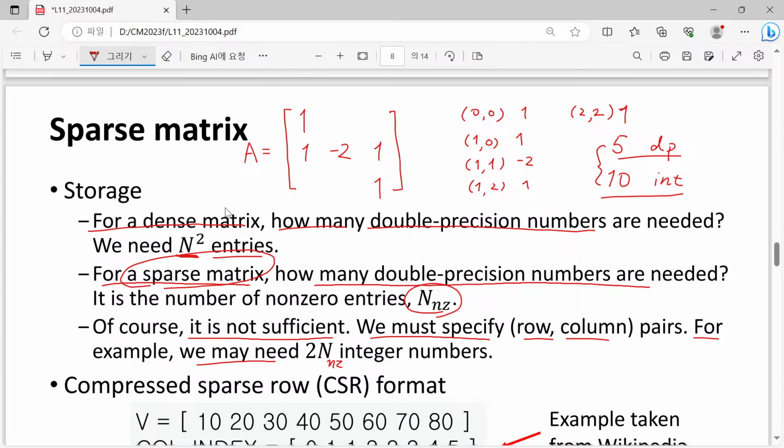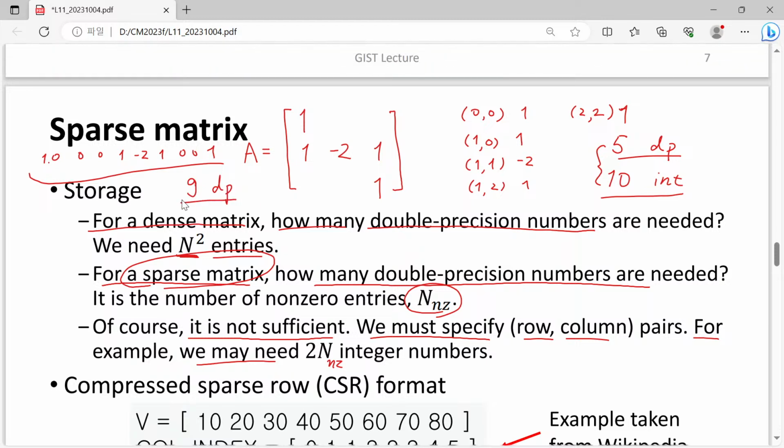Then let's try to specify this A matrix with a dense matrix representation. Then we will just say 1.0, 0, 0, 1, minus 2, 1, 0, 0, 1. How many double precision numbers are needed? We have just 9 double precision numbers.